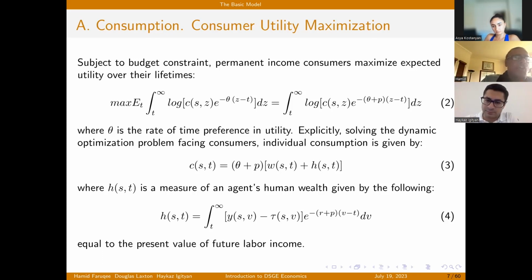And under log utility, we'll generalize this later, the marginal propensity to consume is a constant fraction related to the rate of time preference theta, and implicitly the probability of death adds a kind of discount factor, if you like, and that helps determine your marginal propensity to consume. So next slide, please.